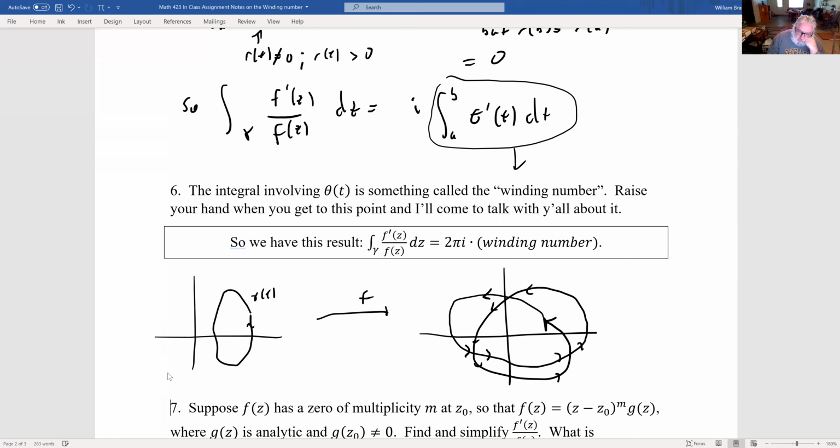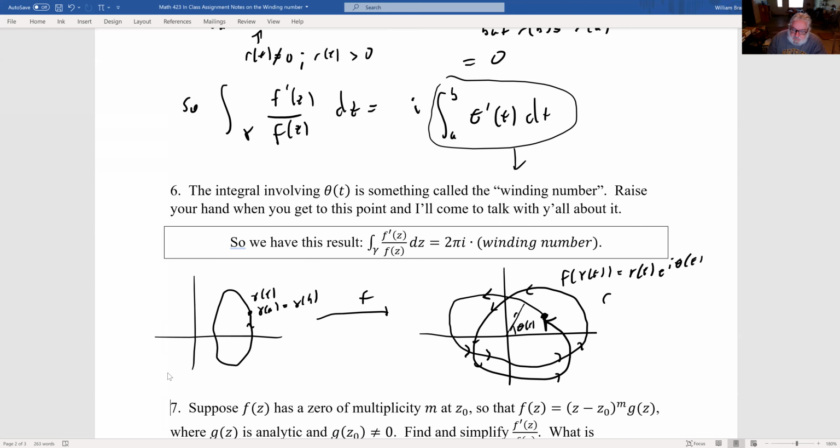So this is f of gamma of t, and gamma of a equals gamma of b, that's our start and end point. f of gamma of t we rewrote as r of t e to the i theta of t. So at any point on this curve, you have a theta of t and an r of t.